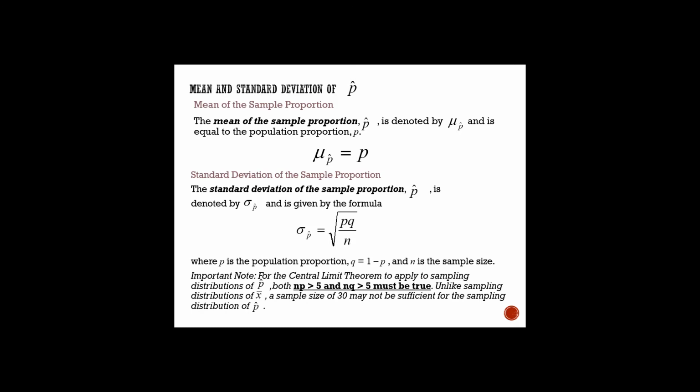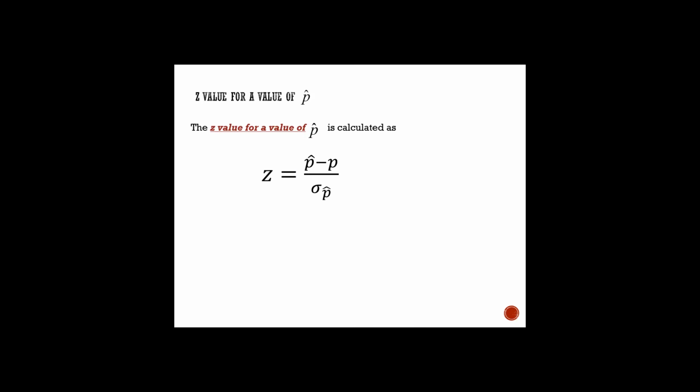If that's true, then you know your sample size is sufficient to use the formulas for proportion data. Now your calculation for Z is fairly straightforward. It is p hat, the sample proportion we're interested in, minus P, the population proportion, divided by the standard deviation of p hat, the square root of P times Q divided by n.